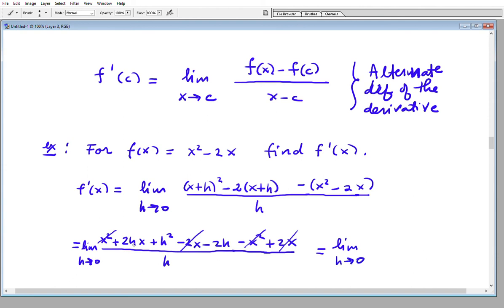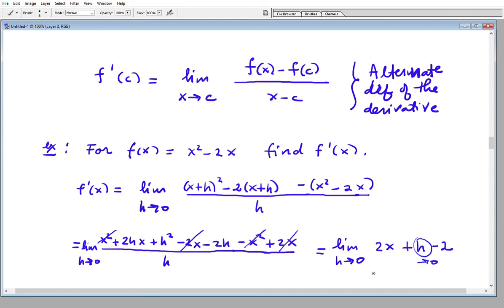So we'll divide by h here, and we have 2x. Here we have h plus h. And here we have minus 2. And now limit h goes to 0, this disappears. This goes to 0.